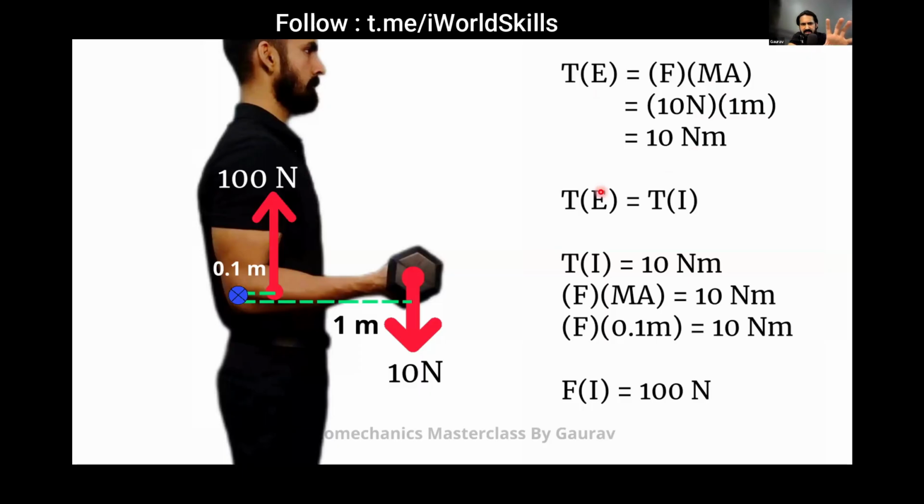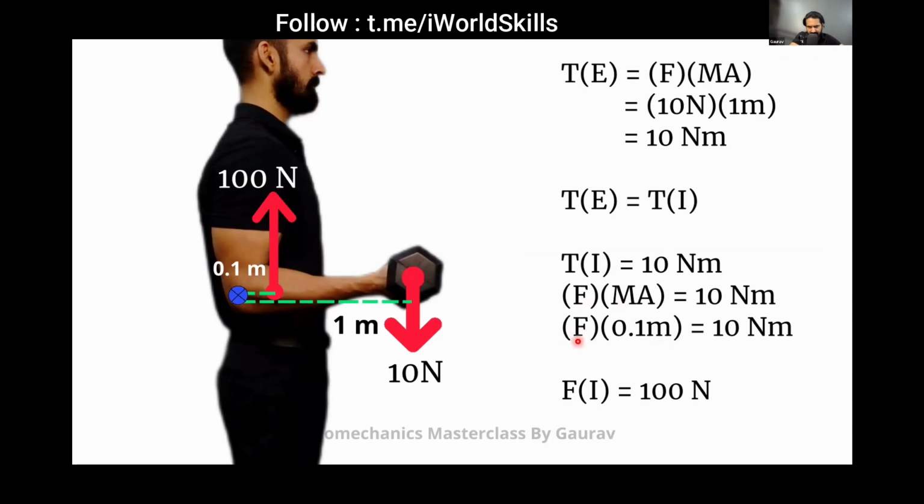Now, in this scenario, we have already concluded that external torque is equal to internal torque because my forearm hand segment is not rotating into flexion or extension. So internal torque is also going to be 10 Newton meter, guys, just the same as the external torque. What is the formula for internal torque? Force multiplied by moment arm. Internal force, we don't know. We are trying to calculate. What is the internal moment arm? 0.1 meter that we have assumed.